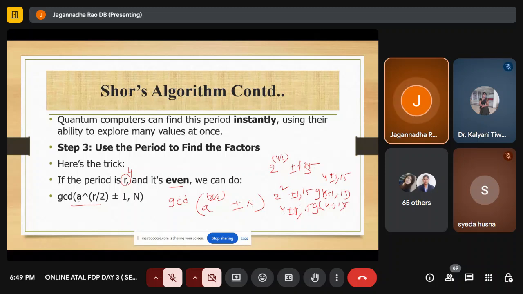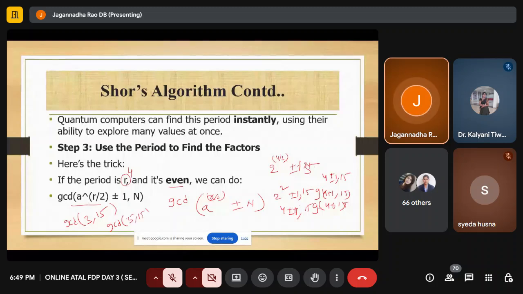Now what is the actual answer? You need to calculate the GCD for this example. a power r by 2 is 2 power 4 by 2, which is 2 power 2, which is 4. 4 minus 1 is 3, comma 15. One more GCD you need to calculate is 4 plus 1, which is 5, comma 15.